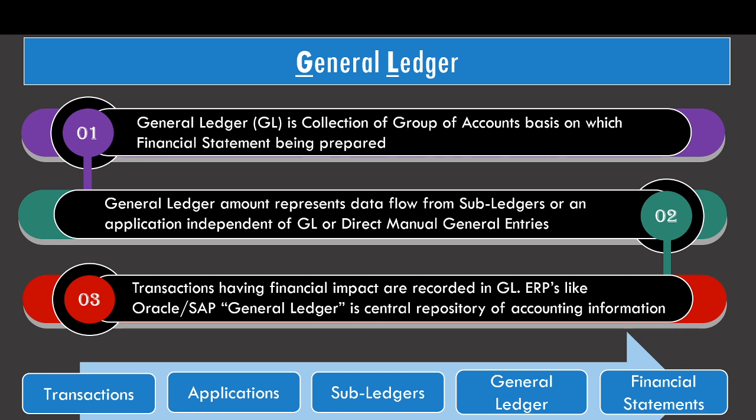It's a summarized, overall number for each and every category of account. As I told you, AP, AR, fixed assets, capital, investment, P&L line items, rent, salary, inventory, it may be a direct expense, it may be an indirect expense. So it contains all the GLs on the basis of which the financial statement is prepared.